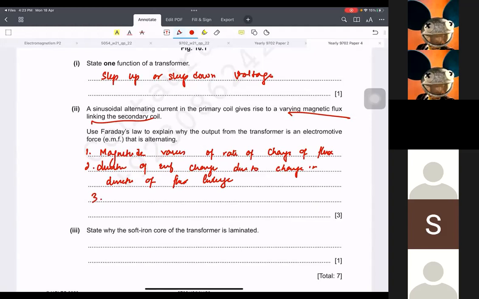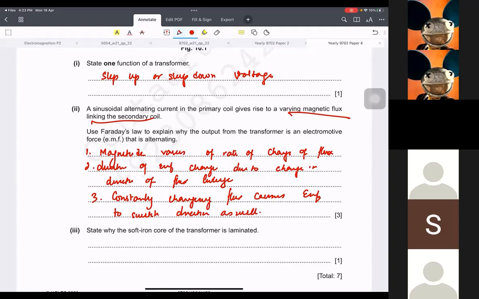And third, constantly changing flux causes EMF to switch direction as well.